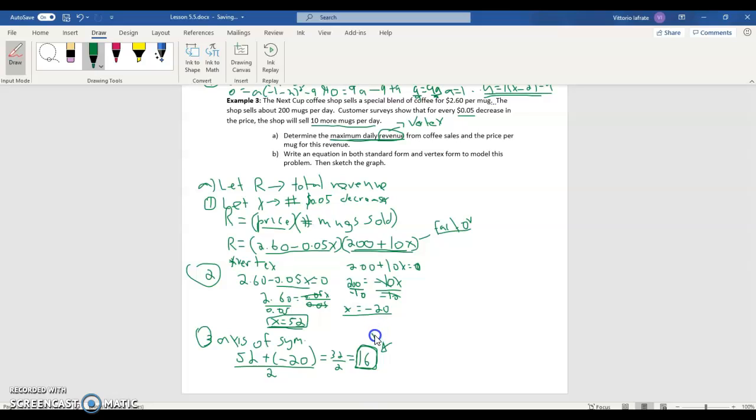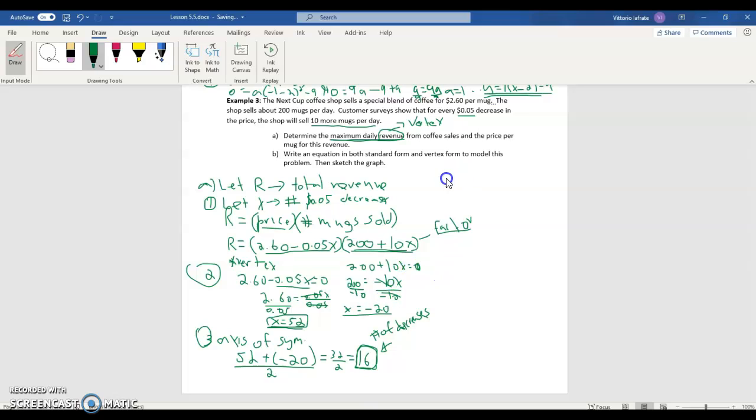This is the number of decreases. You really have to be careful when you're interpreting the problem. Even I made a little error there because I was doing it pretty quickly. Again, this is the number of decreases, not the number of mugs sold. So 16 decreases will result in a maximum value.